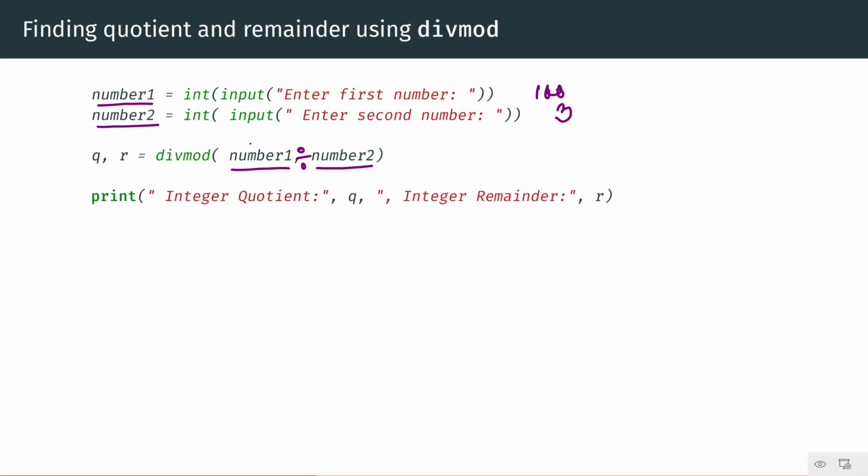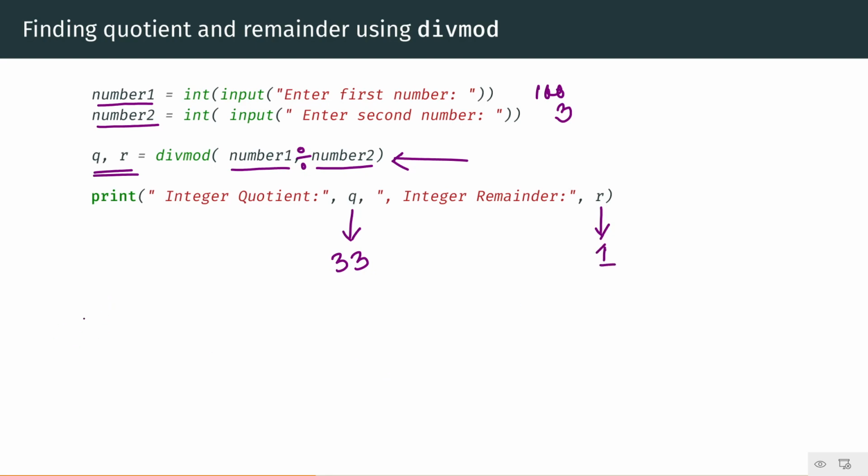The way you get the result is in this format: q, r equals divmod. So if the user enters 100 and 3, after this line is executed, q will have the value, the quotient, which is 33, and r will have the remainder, which is 1.